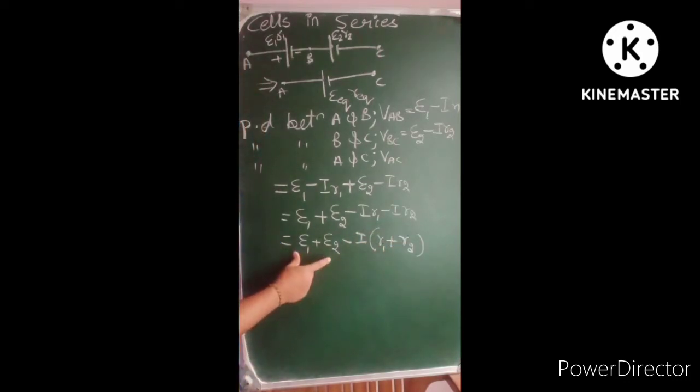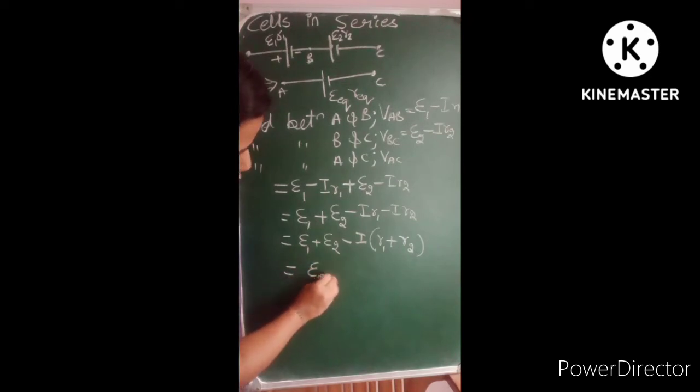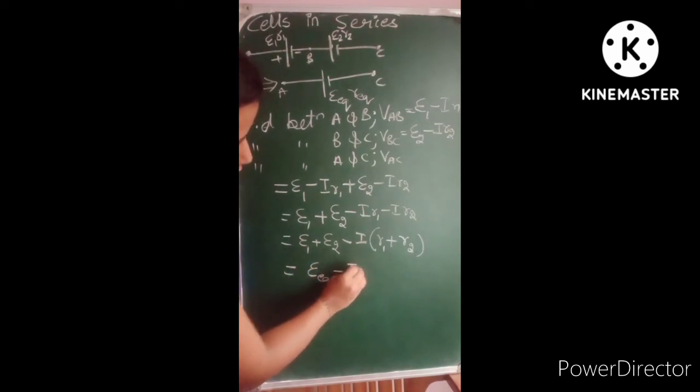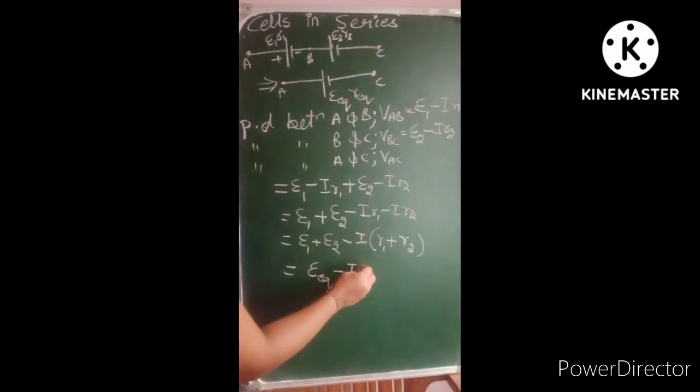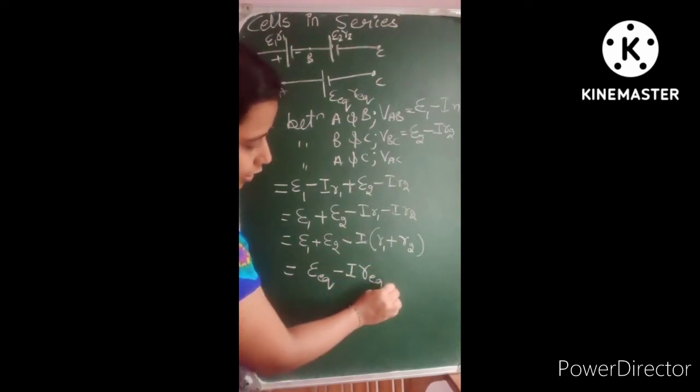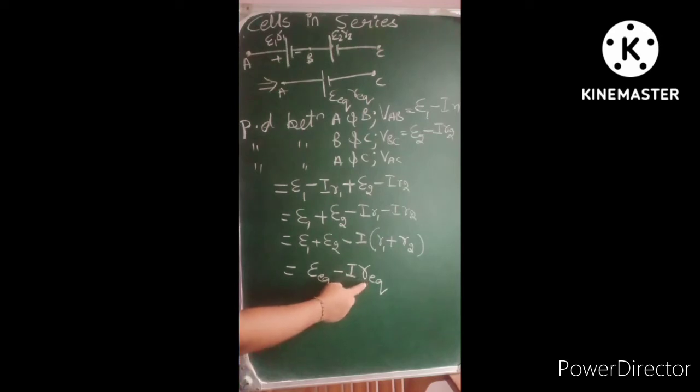We can replace the sum of the individual EMFs by the equivalent EMF, E_eq, and the internal resistances by the equivalent internal resistance, so VAC equals E_eq minus I R_eq. This is the expression for the potential difference VAC.